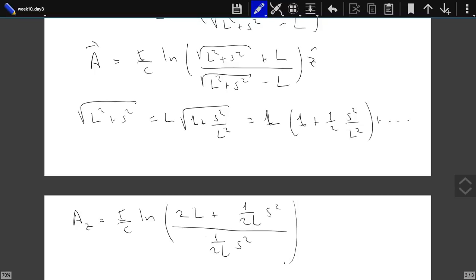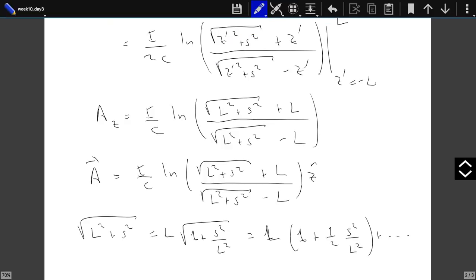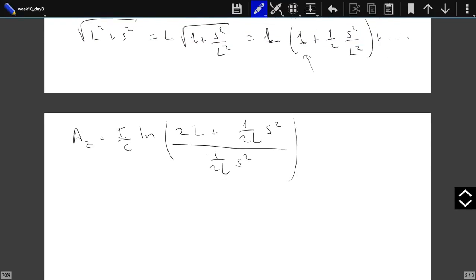Now, in the numerator, I have this minus L. The minus L will just cancel the first term in my expansion, so I'm left with the second term only, which is I over C times the logarithm of 4L squared plus S squared, divided by S squared.